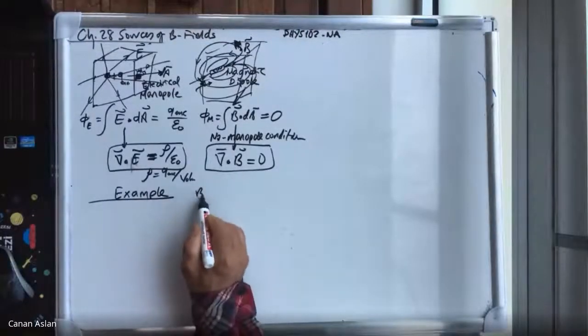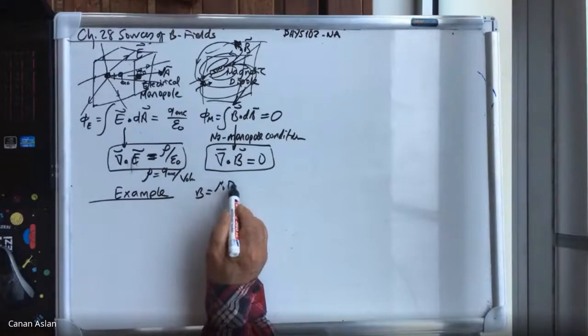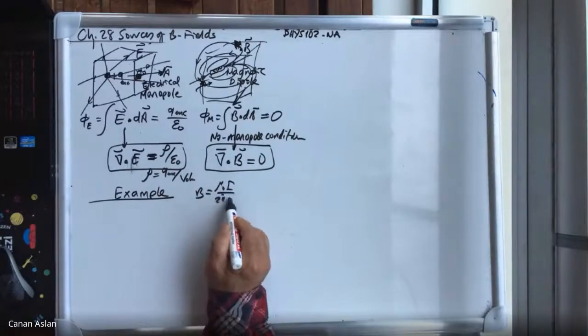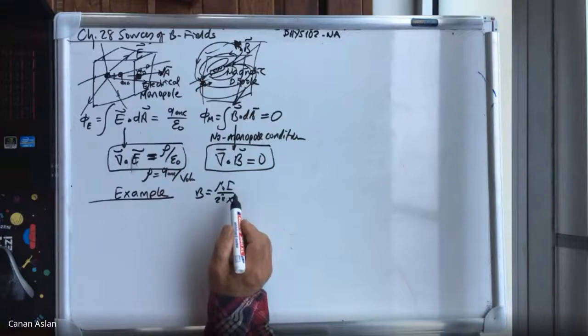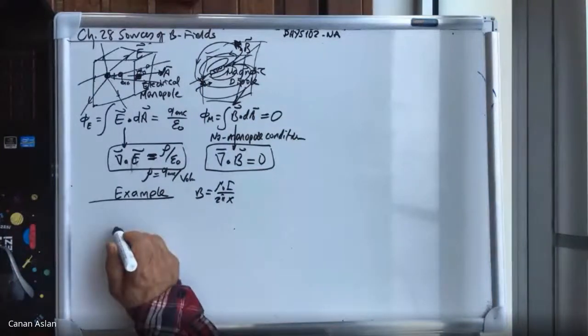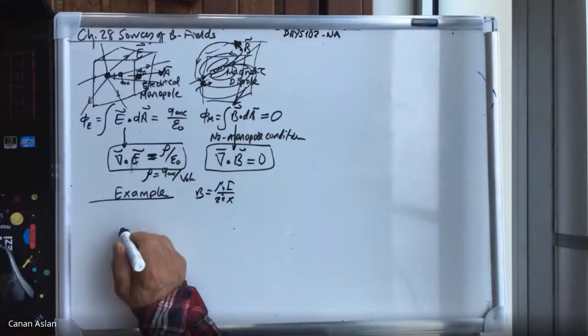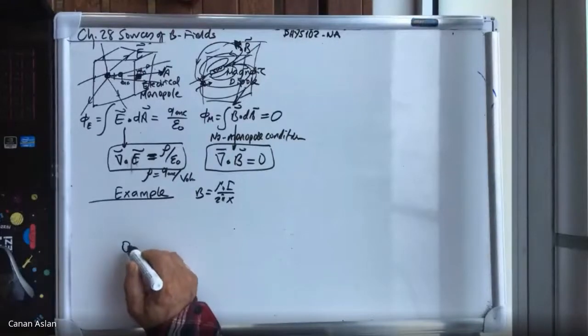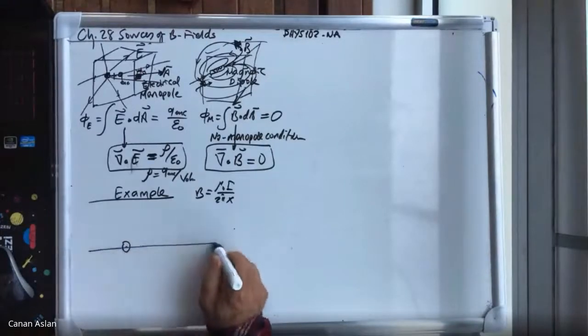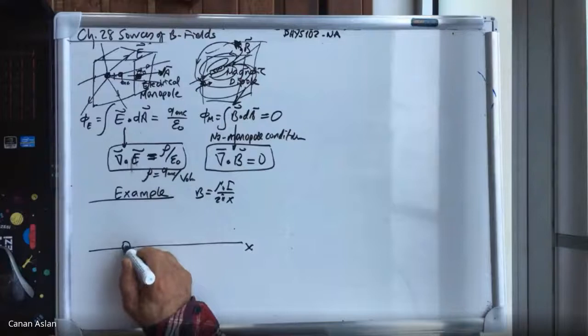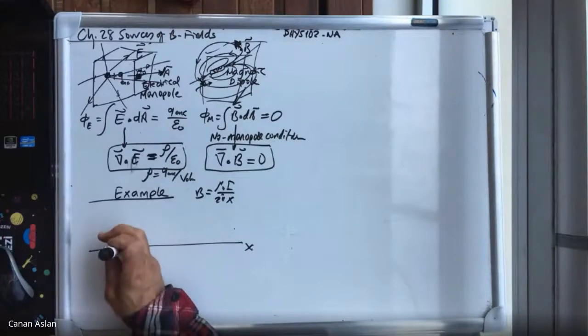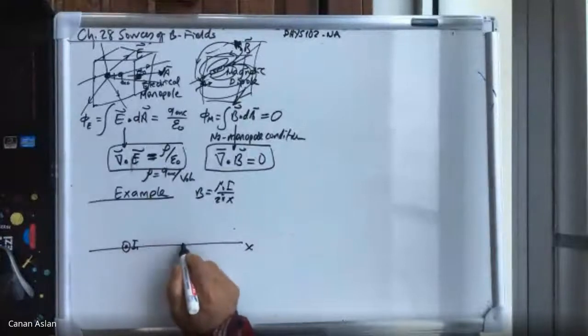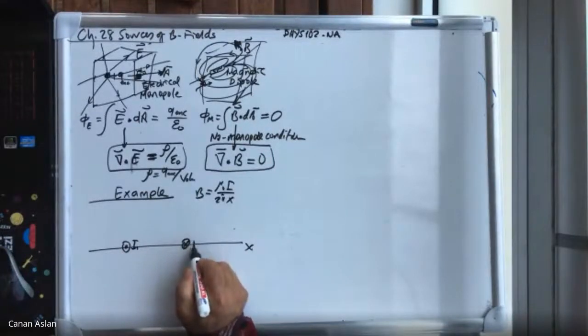We know that the magnetic field is given as mu0 I over 2 pi x for current-carrying wires. Now, if we look at these two wires, they are oriented along the x axis, and the current from one of them, I1, is in the upper direction, and here it is inside the page.